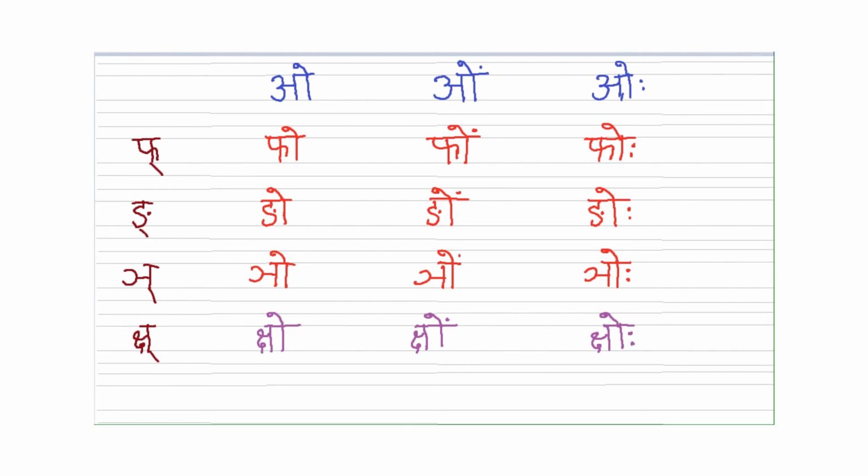And then we will do another Samyuktaksharam, which is Dya. That is the Dya. So we will now modify that Dya. We should not forget that it is a Samyuktaksharam.